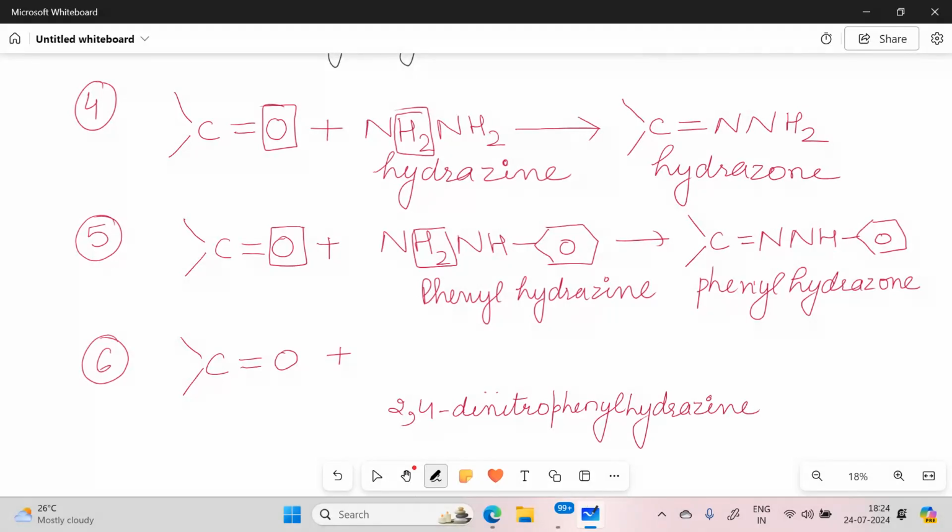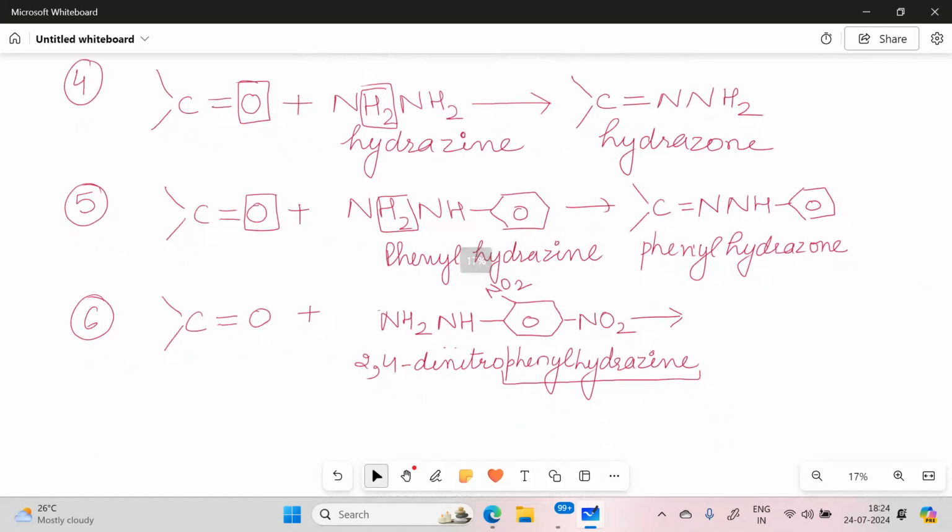2,4-dinitrophenyl hydrazine. Now, in this case also, first you start from here. Hydrazine is NH2, NH2. If I replace one hydrogen of hydrazine with a benzene ring, it becomes phenyl hydrazine. 2,4-dinitro means there are two nitro groups at second position and fourth position. This is also called 2,4-DNP.